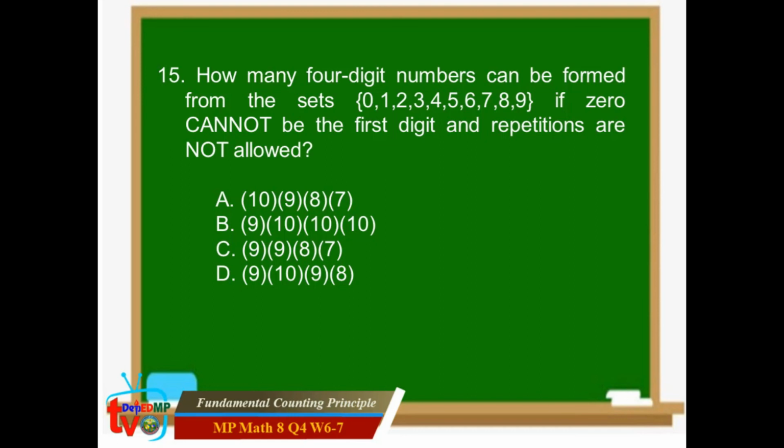A. 10 times 9 times 8 times 7. B. 9 times 10 times 10 times 10. C. 9 times 9 times 8 times 7. D. 9 times 10 times 9 times 8.